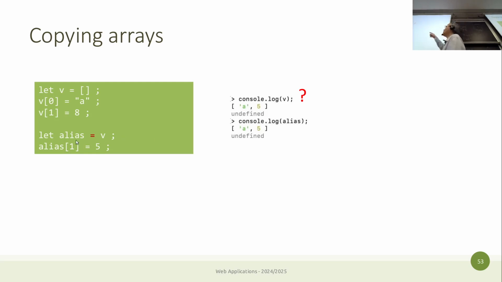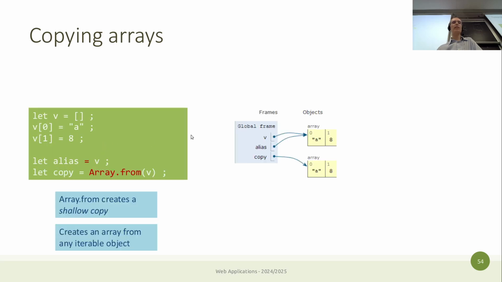Okay, in position 0 that's A, in position 1 that's 5. But what's the content of v? Well, the content of v is the same because it's an alias, so it has the same reference, same array. Okay, so remember that in case you would like to have a new object, a new array, you need to create it explicitly. Okay, you cannot just assign it. So console log v, it gives you 5 in position 1, okay, not 8, because it's an alias.